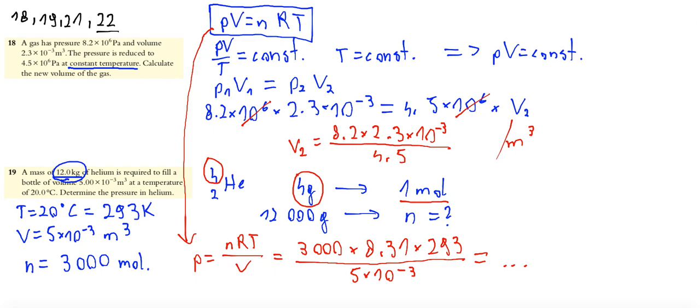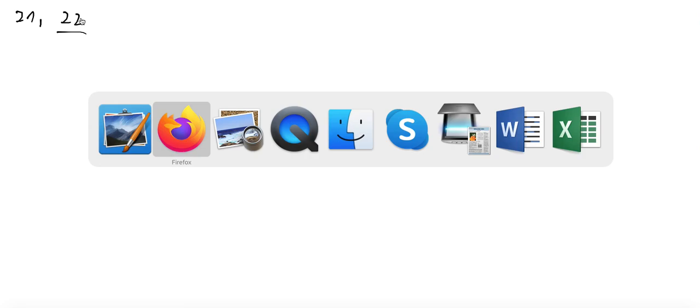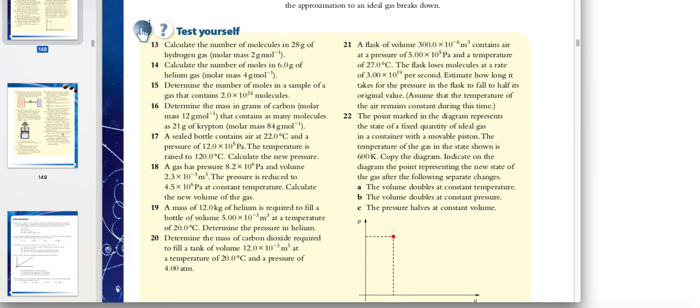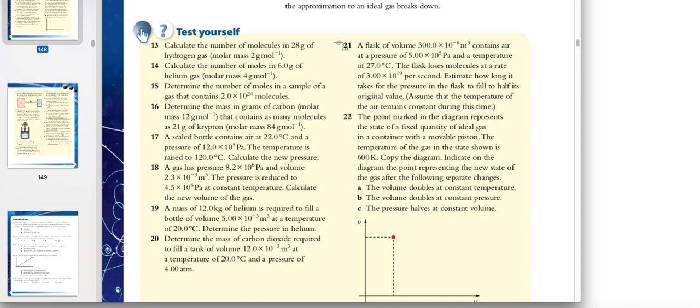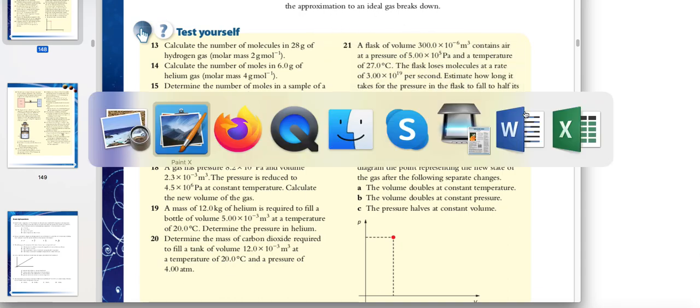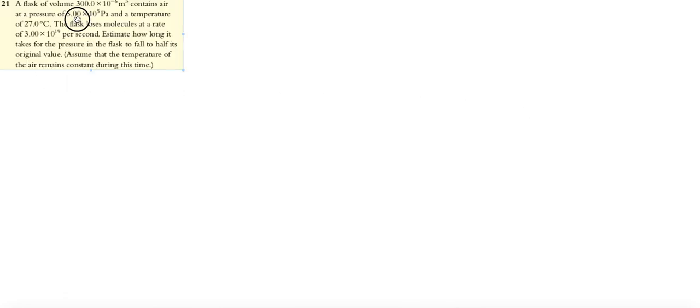Okay, so still we have to do exercise number 21 and 22. So next slide, exercise number 21 first, and 22 you had to try. Okay, exercise number 21. We have a flask of given volume, which contains air at given pressure.